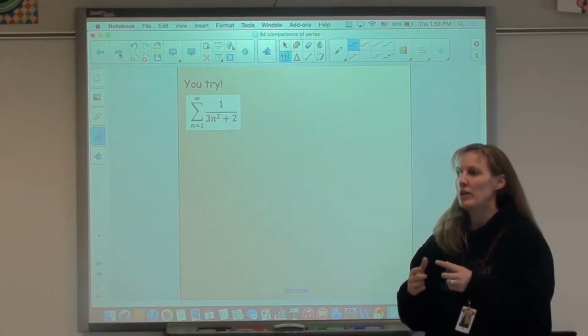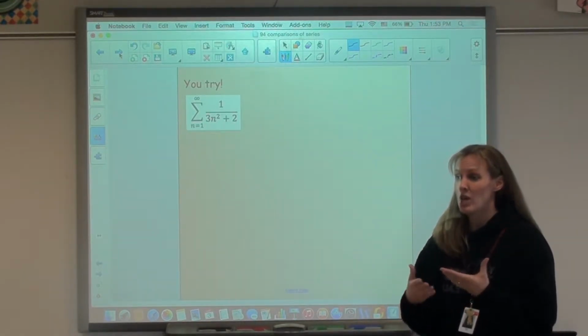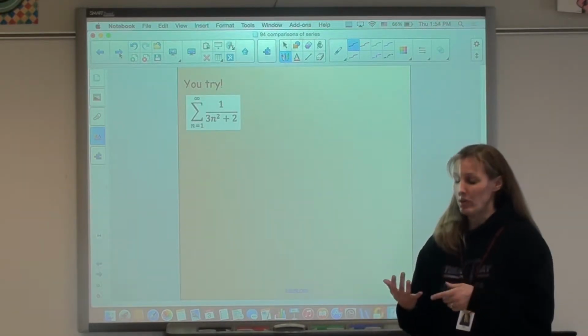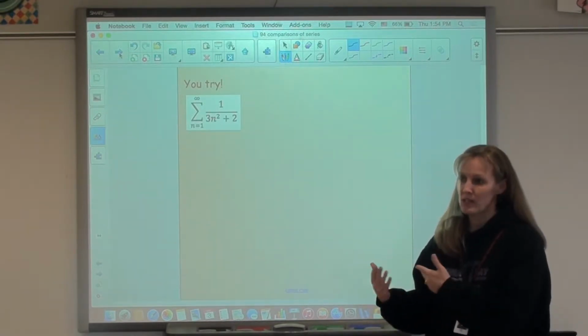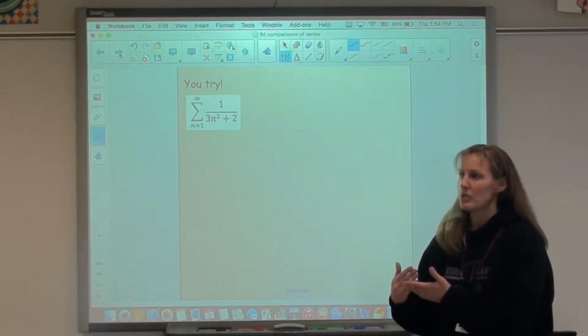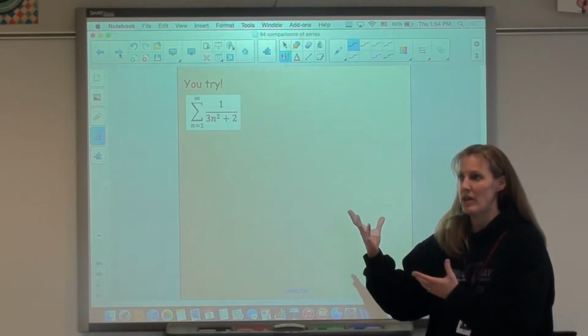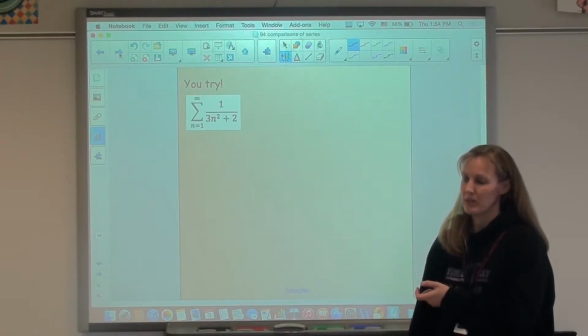You're given a whole bunch of series, and you just have to decide if they converge or diverge, and justify it mathematically, but you don't have to name the test you're using as long as you do the work for the test you're using. I'm going to be looking to make sure you have the work for a valid test written out.